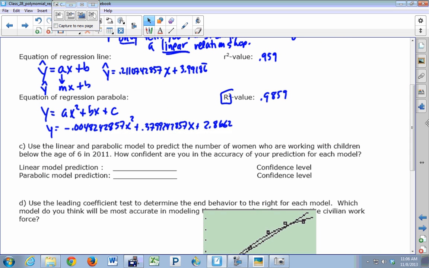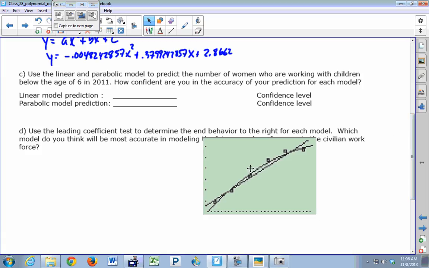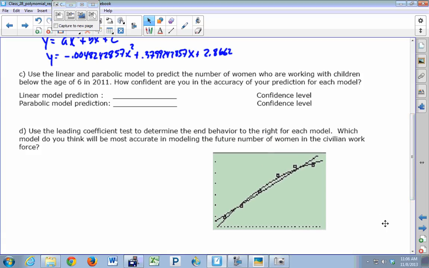Here we go. So now, as you know, we want to use our data, our lines of best fit and our quadratic regression to help us maybe with a prediction. Our data set goes out to 2000. We'd like to see what the line would predict for 2011 and what the parabola would predict, the parabolic model.